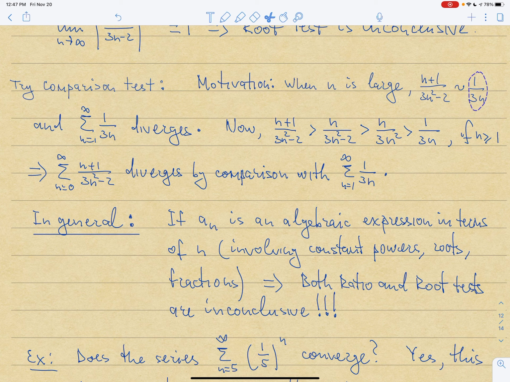Because if it is bigger than a series whose sum goes to infinity, then the sum of my series also should go to infinity. And so let's see, in this case, if I take n plus 1 over 3n squared minus 2, if I remove 1 from the numerator, then I'm going to get an expression which is smaller.